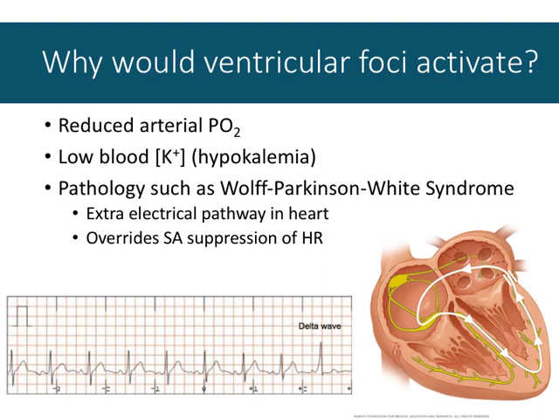And this doesn't happen very often, and it usually only happens when the electrical signal loops back around and reactivates the AV node. It's very infrequent, but it's another example of why ventricular foci might activate.